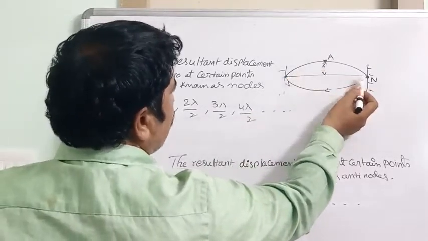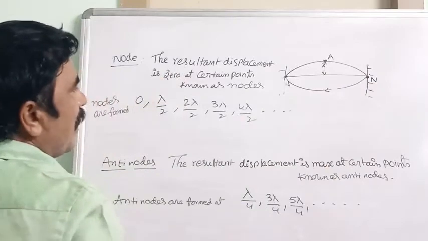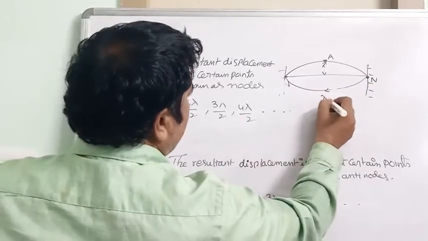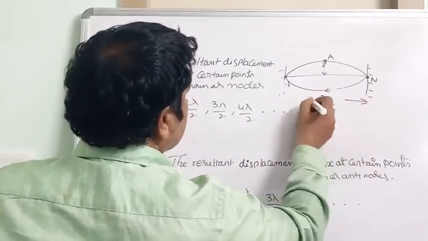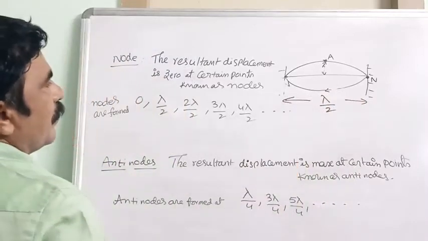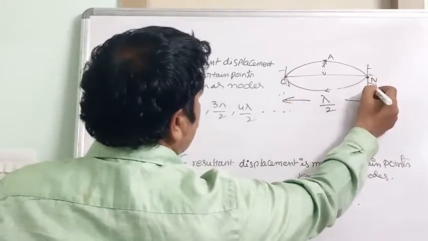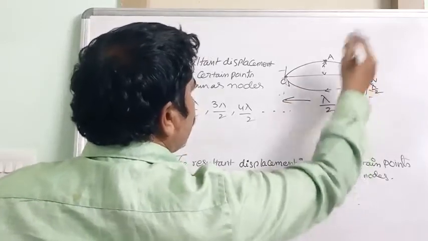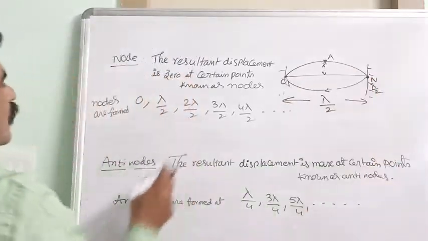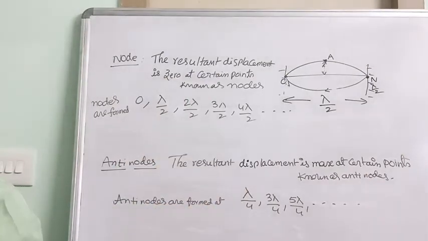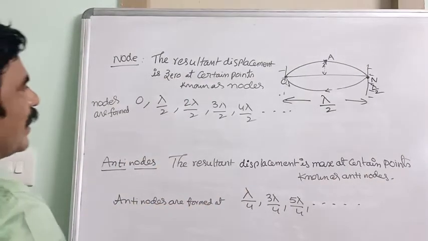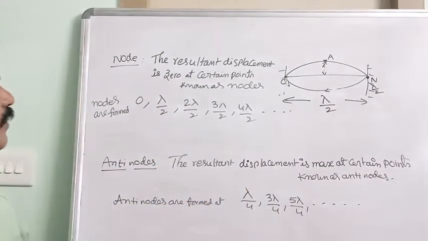Each loop is lambda by 2 in wavelength. Therefore the next node after 0 is at lambda by 2, then 2 lambda by 2, 3 lambda by 2, and so on. For each lambda by 2, you get zero displacement.